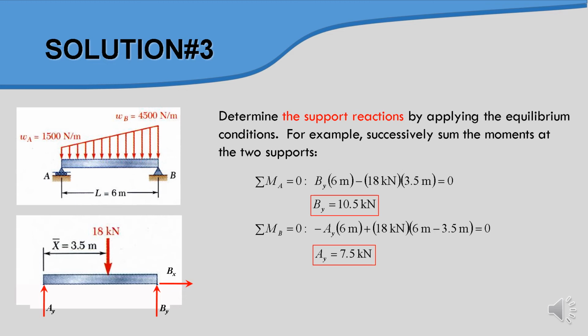You can also get Ay by using net force in the y-axis equal to 0. And for Bx, the value is 0, so there is no force acting in x.